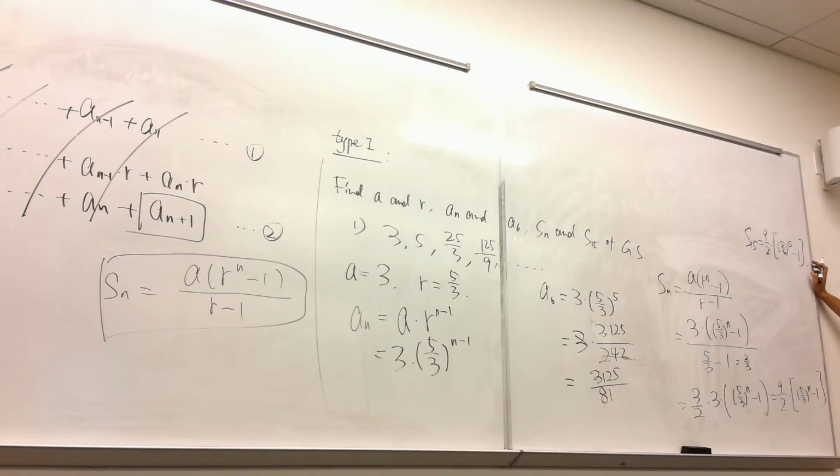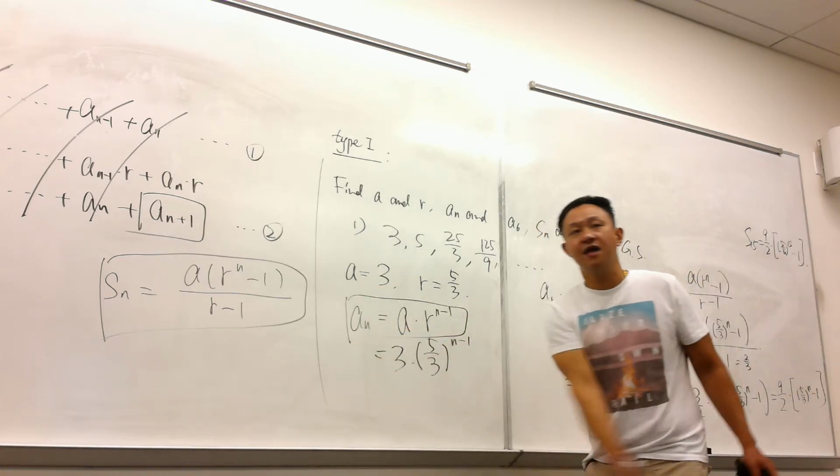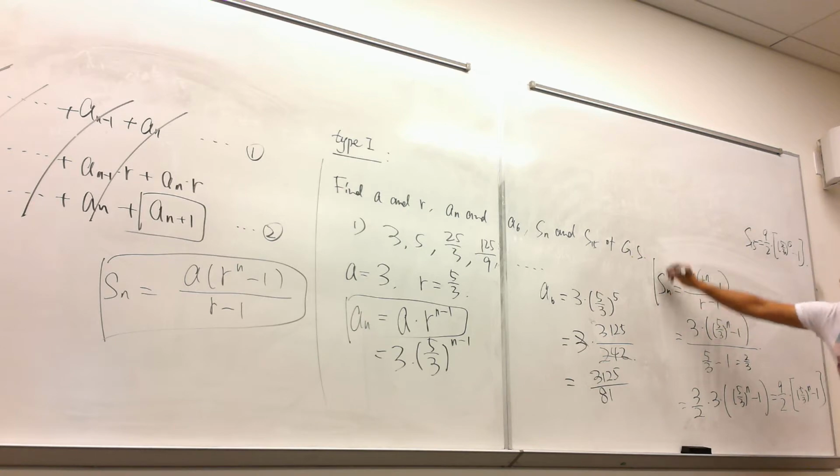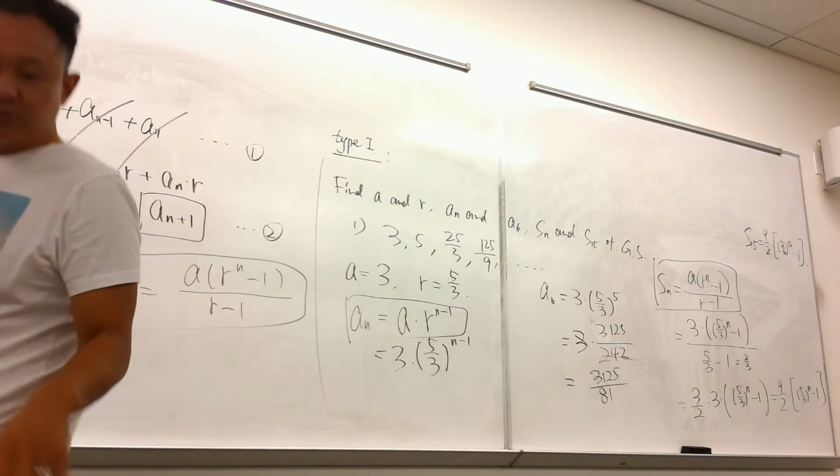We cool, guys? Let's do another exercise. It's just again about this formula, A sub n and S sub n. Okay, guys, let's do the same question with respect to another sequence.